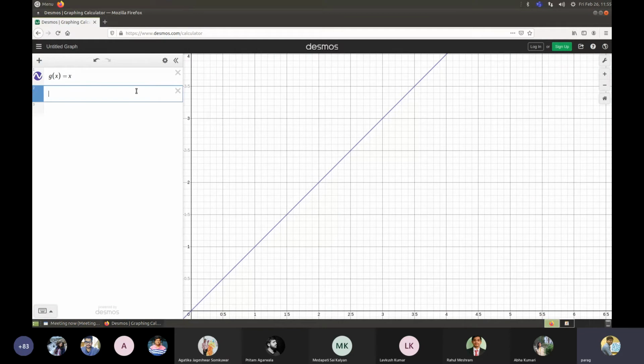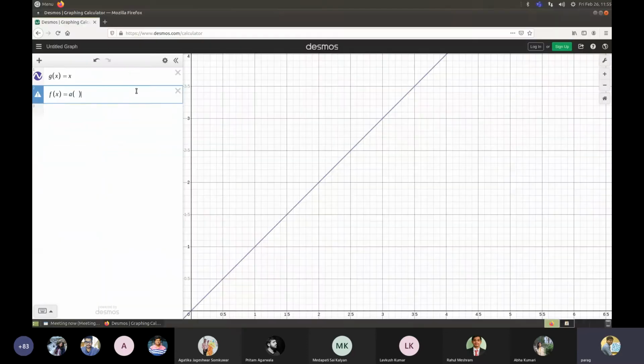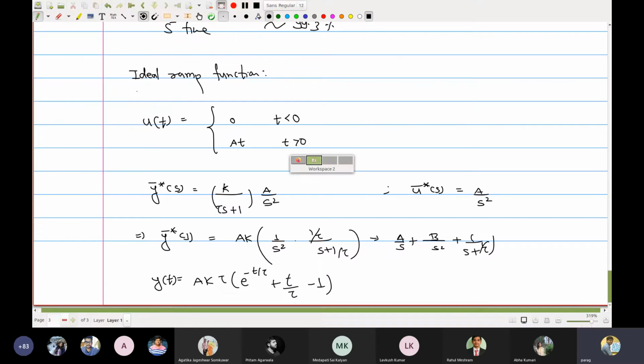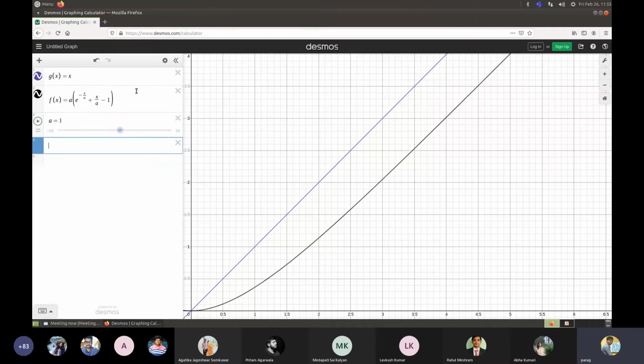So this is f of x equal to a multiplied by e to the power minus x by a, plus x by a, minus 1.